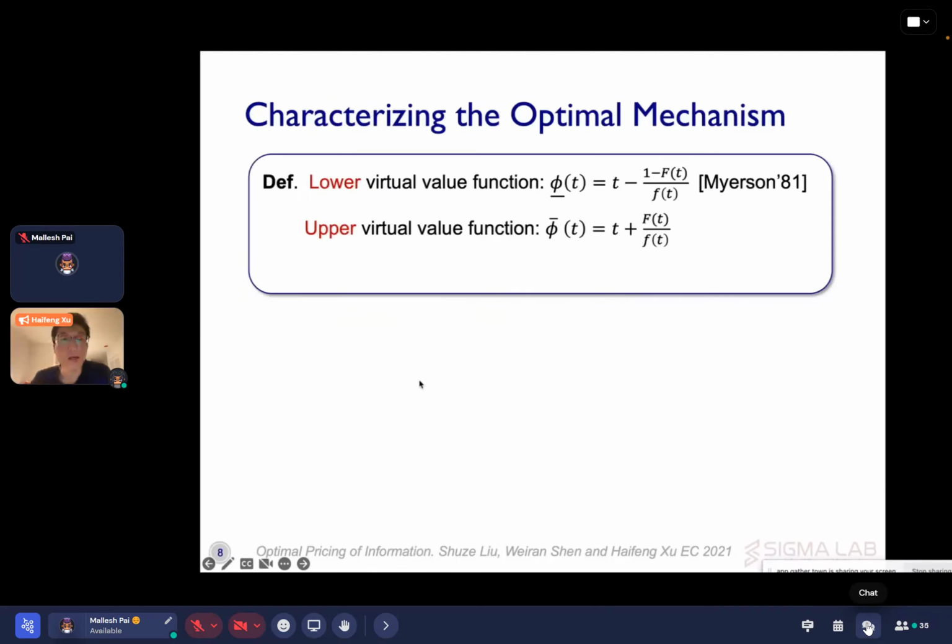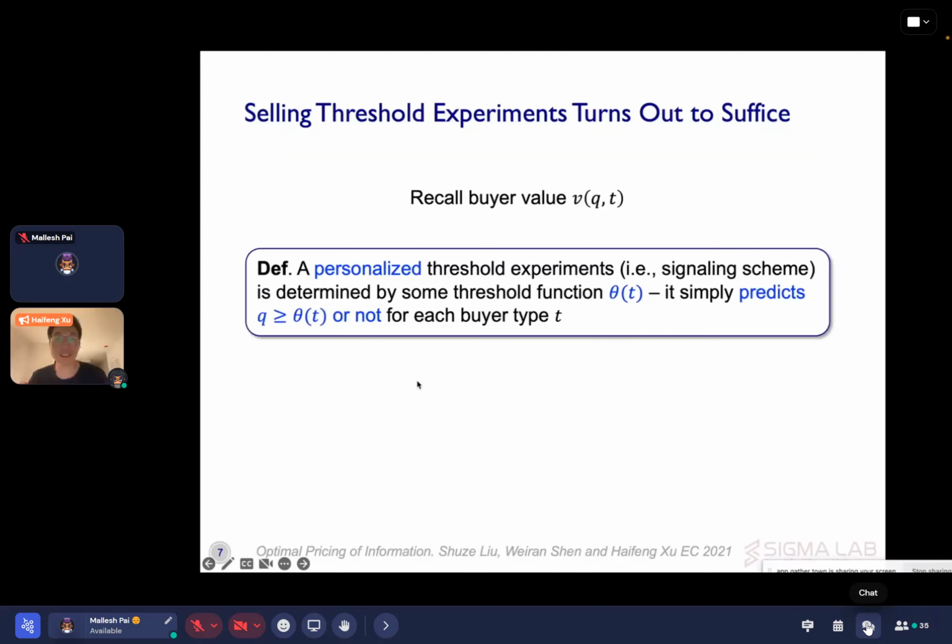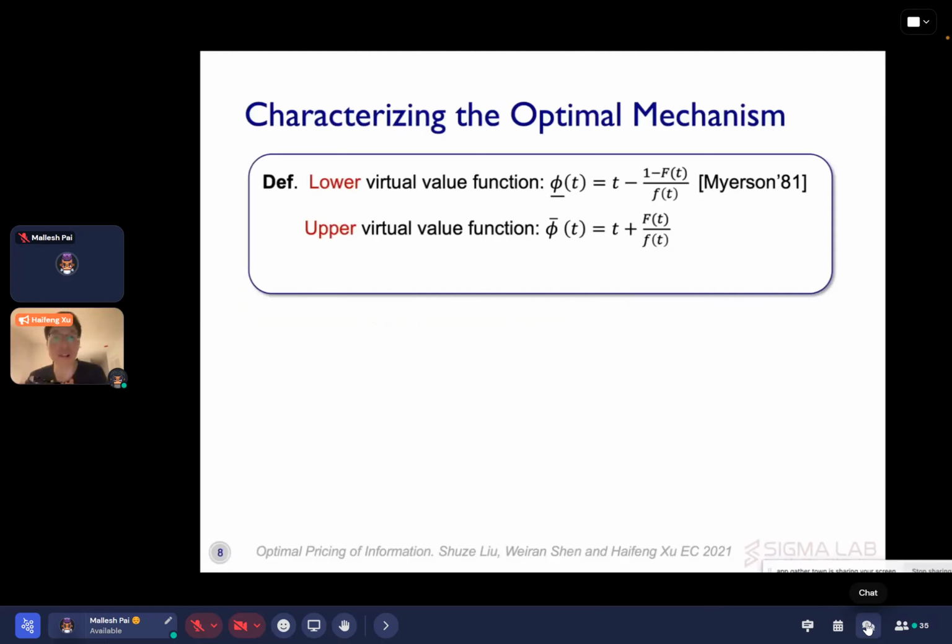Okay. And it turns out that given this understanding, we are able to fully characterize what the optimal mechanism for the problem I described is going to be like. It also relates to the virtual value function as developed by Myerson. I guess for this community we're familiar with this virtual value function by Myerson, but here we need a little bit more.